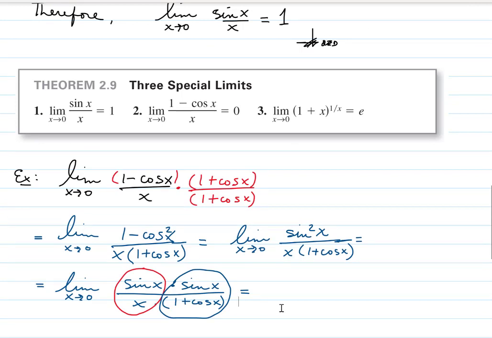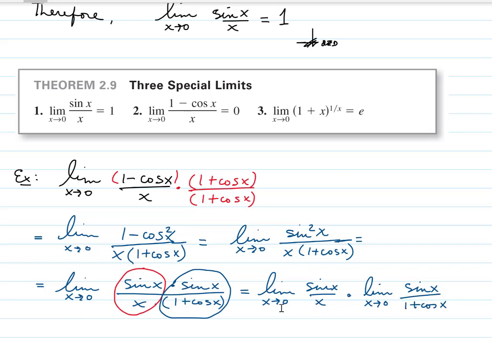Well, let's put them apart, and then we'll confirm that they actually exist. The limit as x goes to 0 of sine of x over x, times the limit as x goes to 0 of sine of x over 1 plus cosine of x.